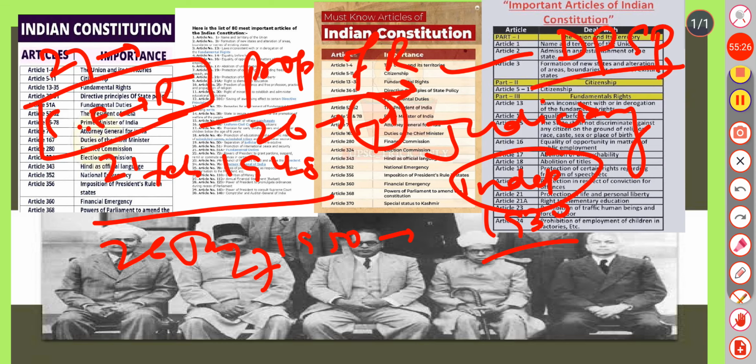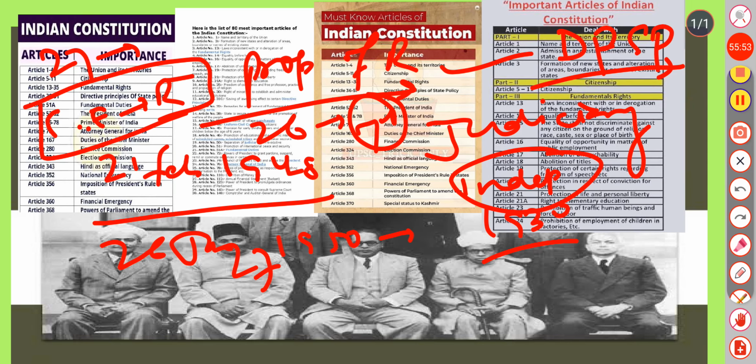So Article 128, attendance of retired judge at sitting of the Supreme Court, and Article 129, Supreme Court to be court of record. So Article 131, that is original jurisdiction of Supreme Court, and Article 132, that is appellate jurisdiction of Supreme Court in appeals from High Court in certain cases, right?